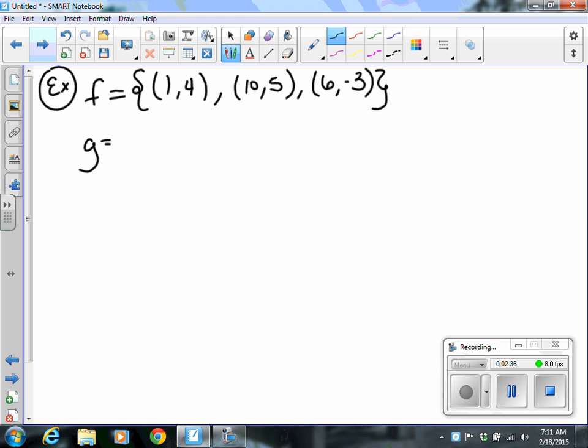G is then going to equal 5, 1, 4, 6, and -3, 10. We're going to split this into two different things. I'm going to show you an example of the composite of f of g, and then you guys will do the reverse of that.